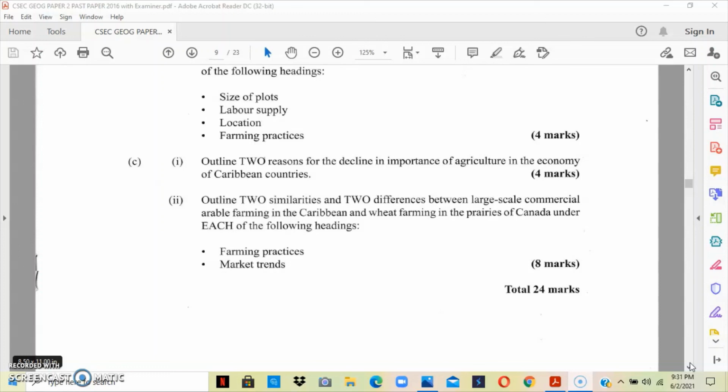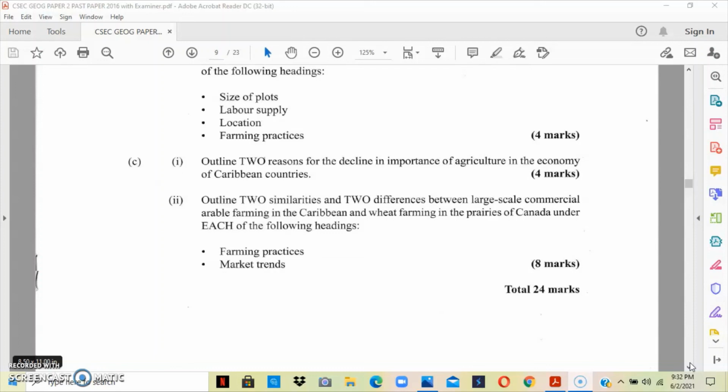Now, as it relates to the differences, Canada uses very large machineries with limited work by hand, while the Caribbean uses few machineries and mostly human labor, right? So in the Caribbean we use a lot of human labor, while in Canada they use a lot of large machineries to do the job.